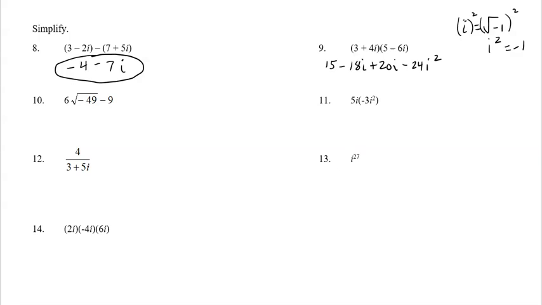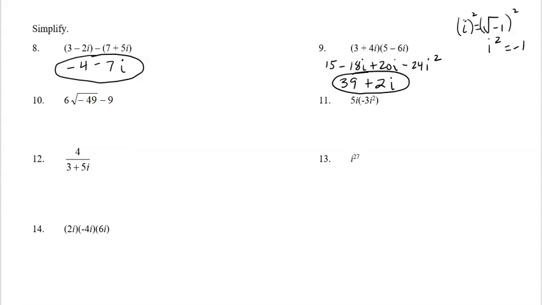So when I replace i squared with -1, this becomes -24 times -1, which is really +24. All right, so I can combine 15 plus 24 and make 39, and then I can combine these two like terms, these imaginary numbers. -18 plus 20 is +2i. So there's my answer for number 9.